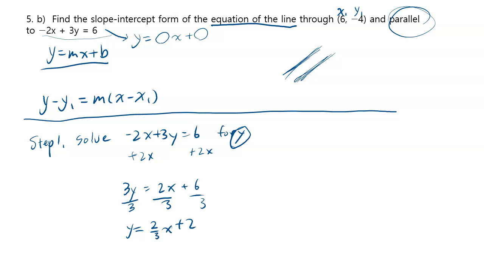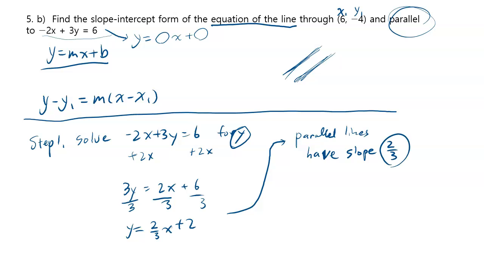So the line that we're given has the y-intercept 2, but the slope 2/3. Therefore, we know that lines that are parallel to this have slope 2/3. And that's what we're going to use for the second step.